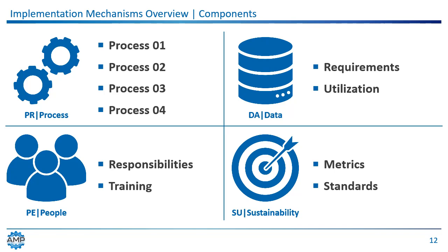Every function, like we said, has 4 processes associated with it that are executed in sequence to implement that function. Then the people represent who is responsible for executing the function processes. Data represents the information that's used when executing the function processes, and sustainability represents the idea that every function process must be monitored and evaluated to maintain the function process.